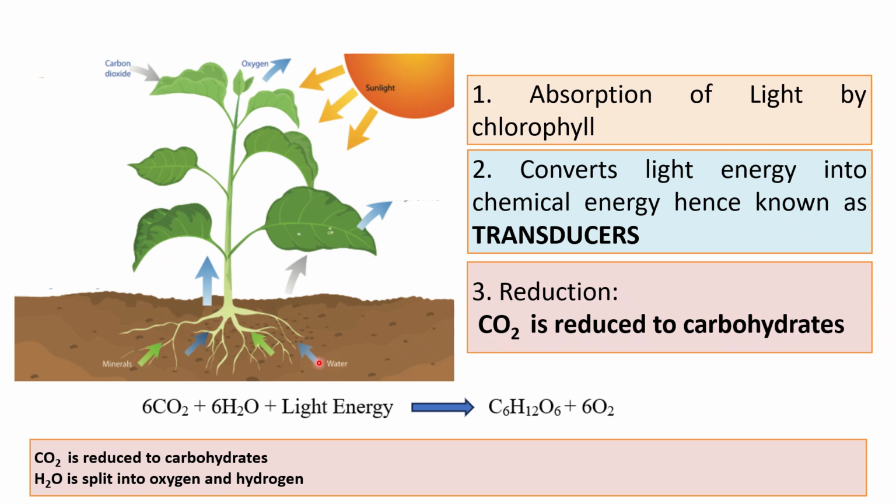So this carbon dioxide and water, in the presence of light energy, get converted to glucose, and oxygen gas is released in the process. Now in this process, carbon dioxide is reduced to carbohydrates and water is split into oxygen and hydrogen. So this figure depicts photosynthesis.